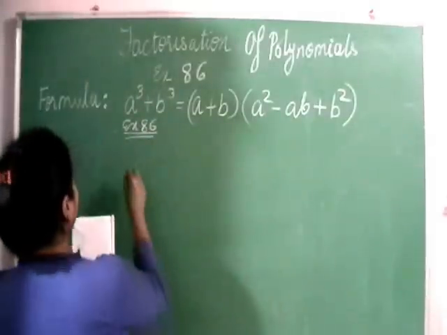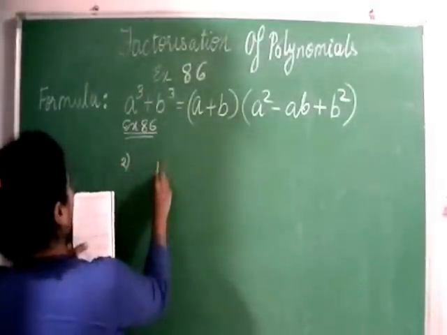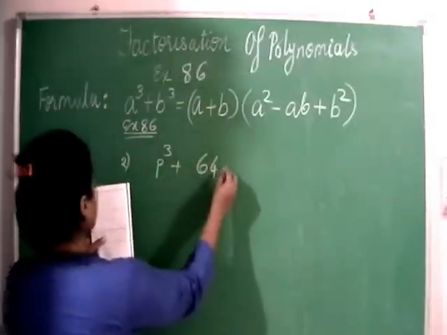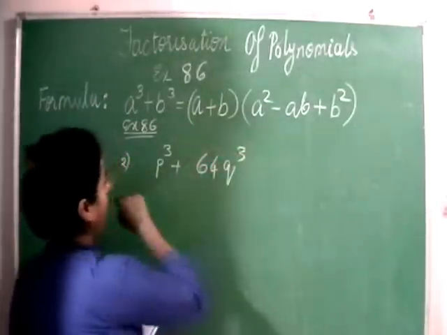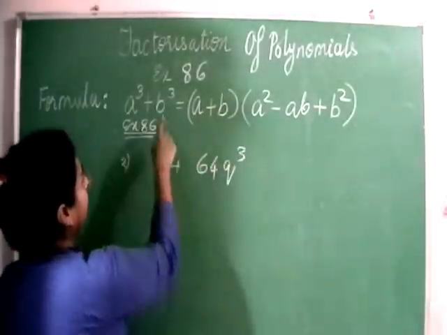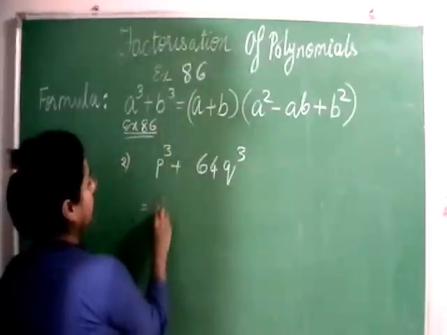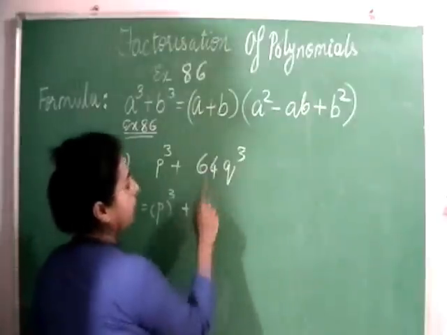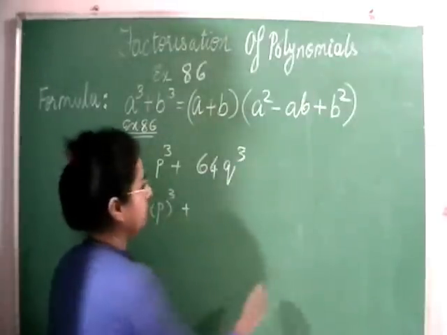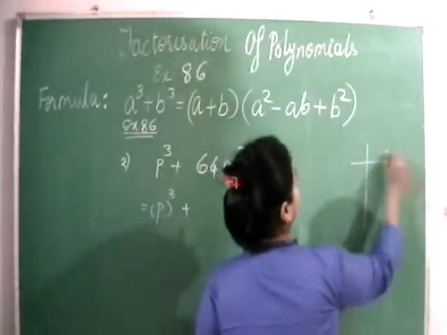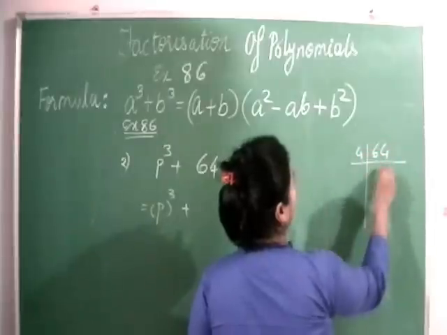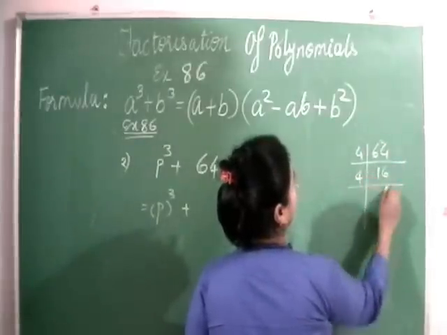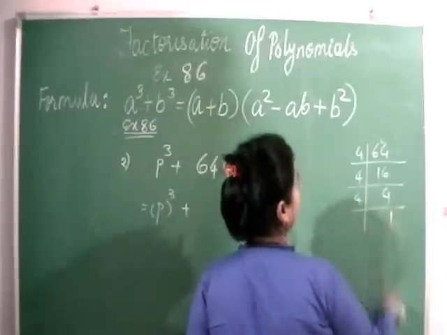Sum number 2 is p cube plus 64q cube. Now this I can write again in this form: p cube plus, what cube is 64? Let's check. 4 1s are 4, 4 6s are 24, 4 4s are 16, 4 1s are 4.